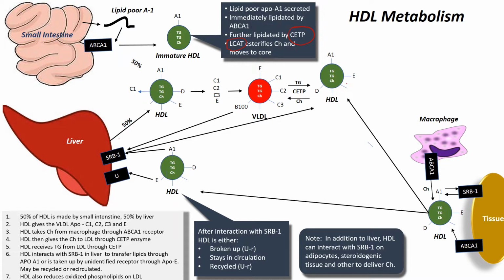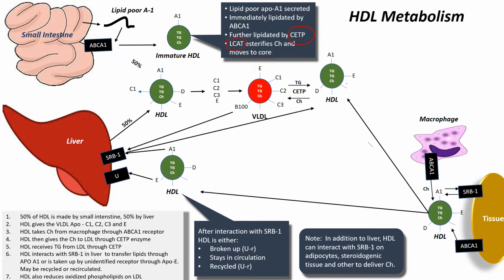And finally, when the HDL is done, when it interacts with the liver, it can be broken up. It can be internalized through an unidentified receptor. There's a receptor on the liver that takes it up and internalizes it that's not been well characterized yet. It can interact with this SRB1 and then just return to circulation and not be taken up by the liver.